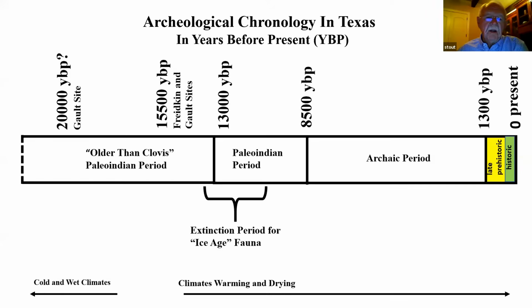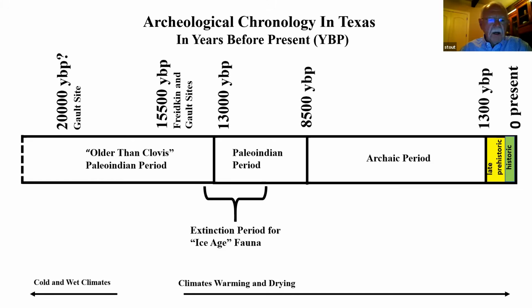You can also see there when the large fauna of the Ice Age period became extinct. It wasn't a single event, it was multiple events over thousands of years. But by 9,000, even 10,000 years ago, all of those critters had become extinct.